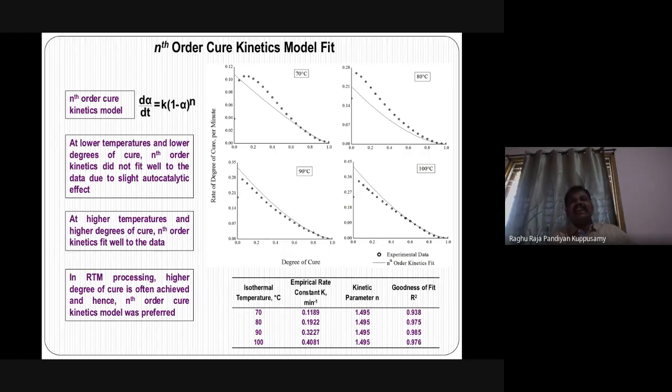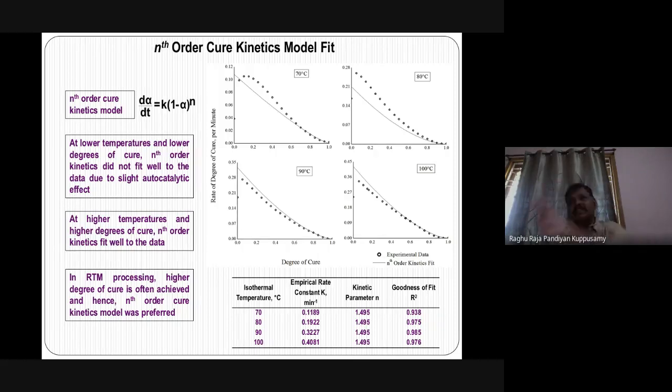This model can differ. If you take epoxy or vinyl ester, the models totally differ because in resin systems, irrespective of chemical nature, you have three different types: a slow curing system, a medium curing system, and a fast curing system.